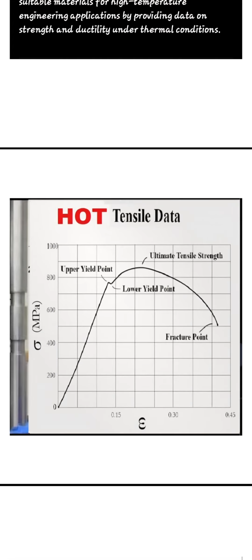In this test, the material is heated and then stretched until it breaks. The results show that strength decreases and ductility increases as temperature rises. This test is important for selecting materials used in high temperature applications like engines, turbines and boilers. This is known as hot tensile testing.